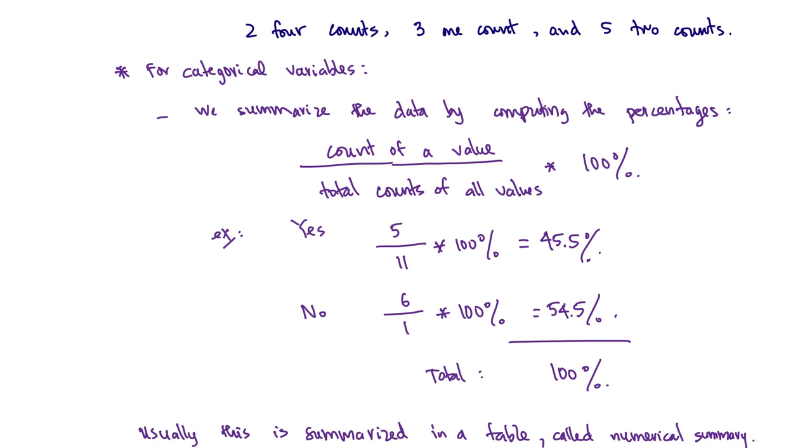We do the same thing for the value no. 6 over 11 times 100% is 54.5%. Note that the total percentage needs to add up to 100.